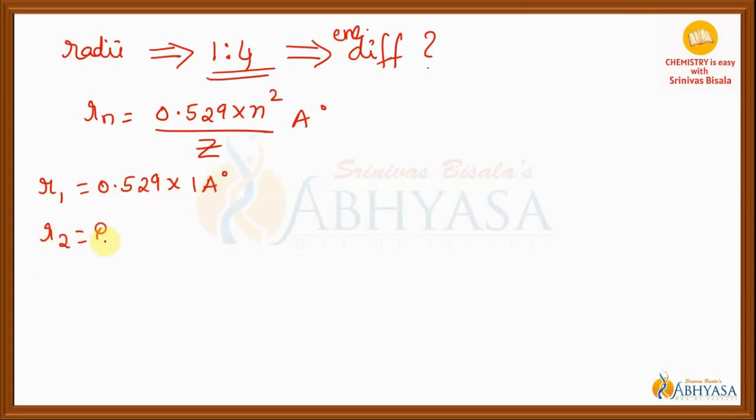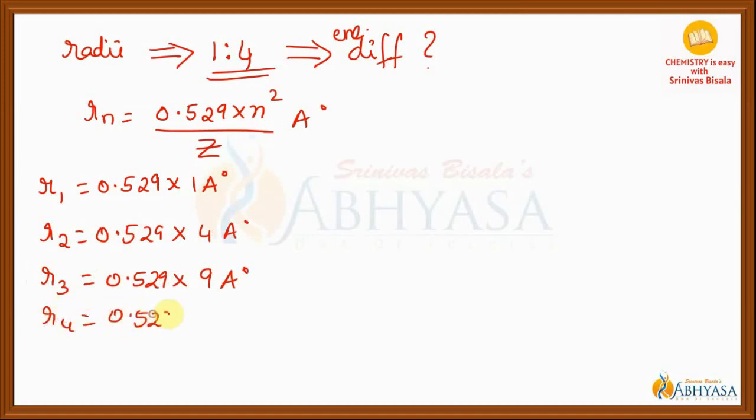R2 is equal to 0.529 into n square, n is 2 here, 2 square means 4 angstrom units. Then R3, this is 0.529 into 3 square, that is 9 angstrom units, and R4 is 0.529 into 4 square, that is 16 angstrom units.